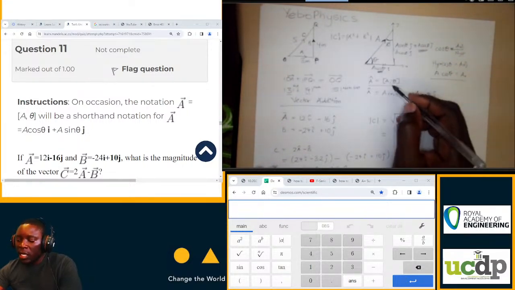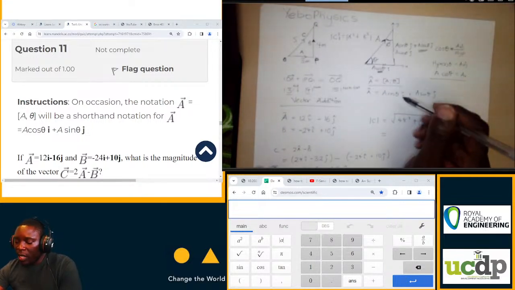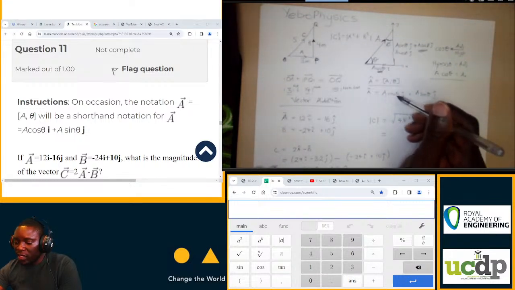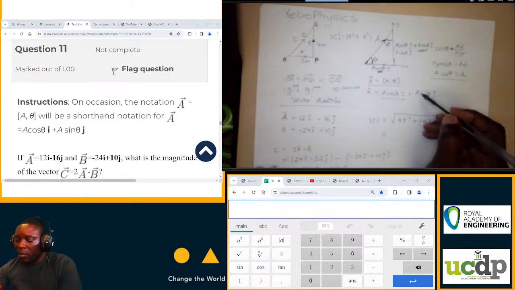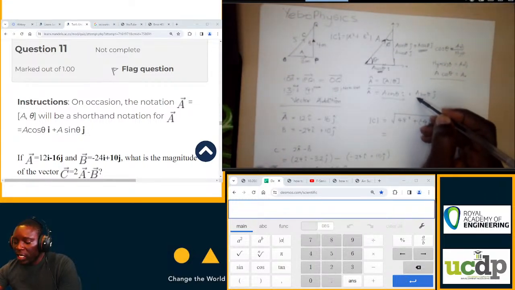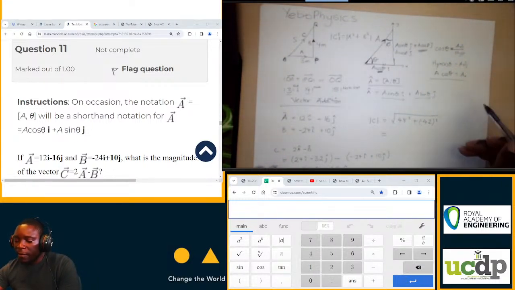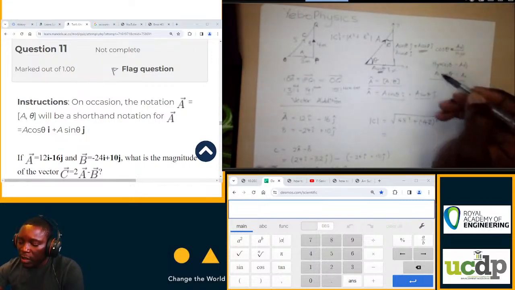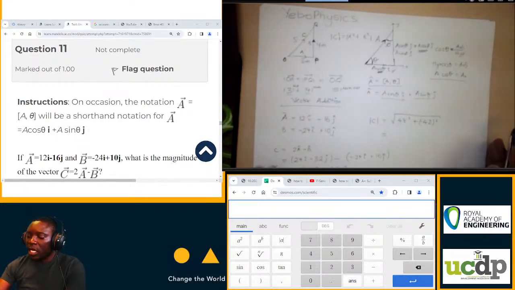It is just representing a magnitude, a value, or a number. And theta is the angle. So this magnitude is the magnitude of the vector A cos theta in the i. So this is the x component, plus the magnitude of the vector A sine theta in the j. So these are the two components of the vector which I've shown here. One component in the x and the other component in the y.